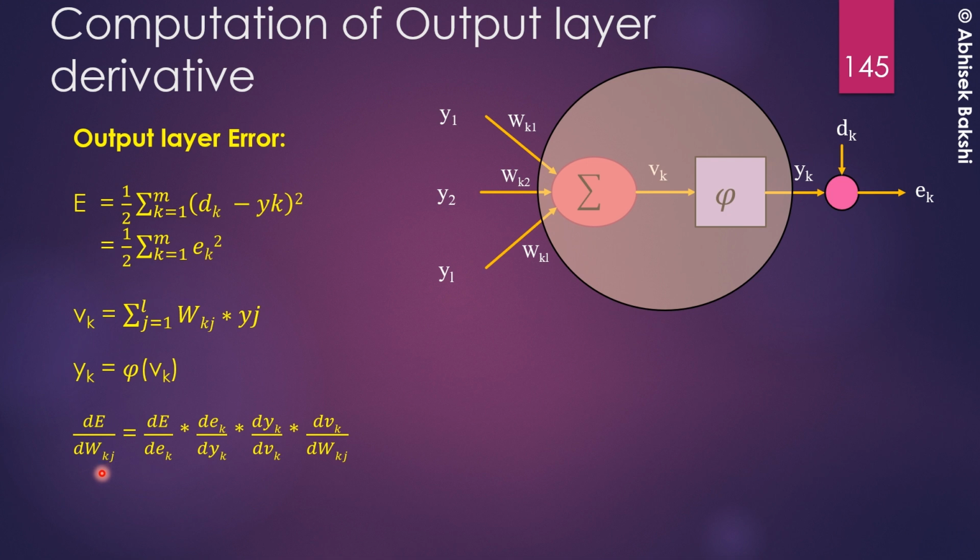That means I'm trying to find the derivative of error with respect to some weight connecting the jth neuron of the hidden layer with the kth neuron of the output layer.